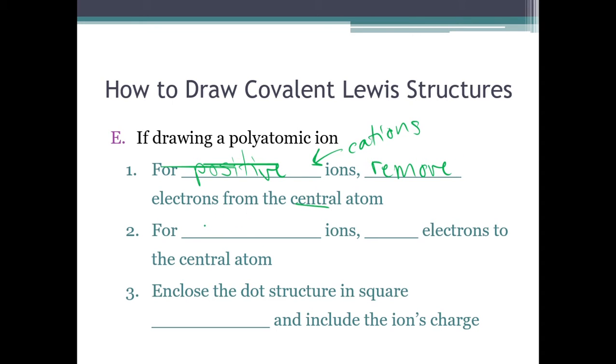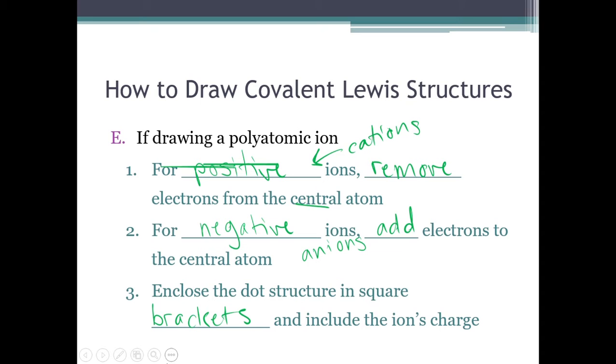If you have negative ions, those are anions, you will add electrons to the central atom. And once you've messed with your number of electrons, you'll enclose the whole thing in square brackets and include the charge, just like we did for our ionic compounds.